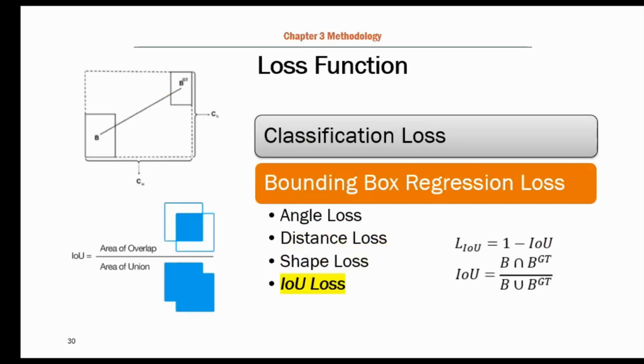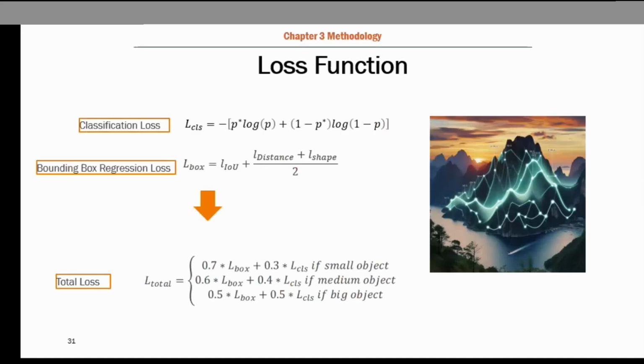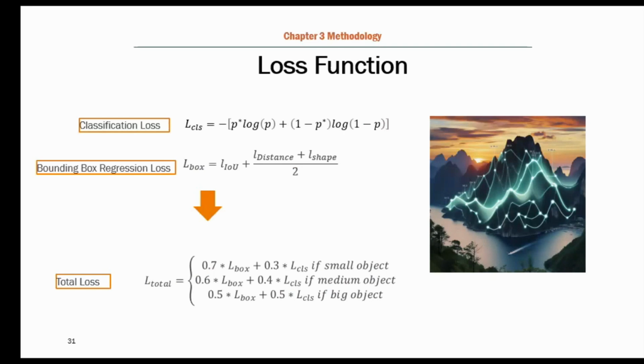IOU means intersection over union. I will provide some details in the following PPT. And then I calculate the weighted sum of the two kinds of loss. Based on this loss, we can use the gradient descent algorithm to train an object detection model.